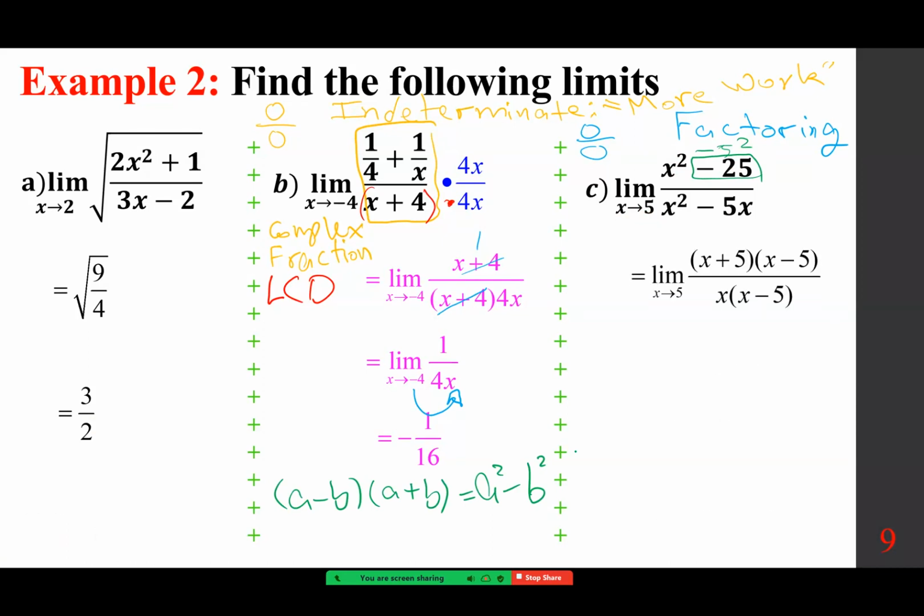The factoring will give us a chance to get rid of x minus 5. And notice the denominator does have a factor of x minus 5. This is what we end up with. If we plug in 5, we get 10 over 5, which is 2.